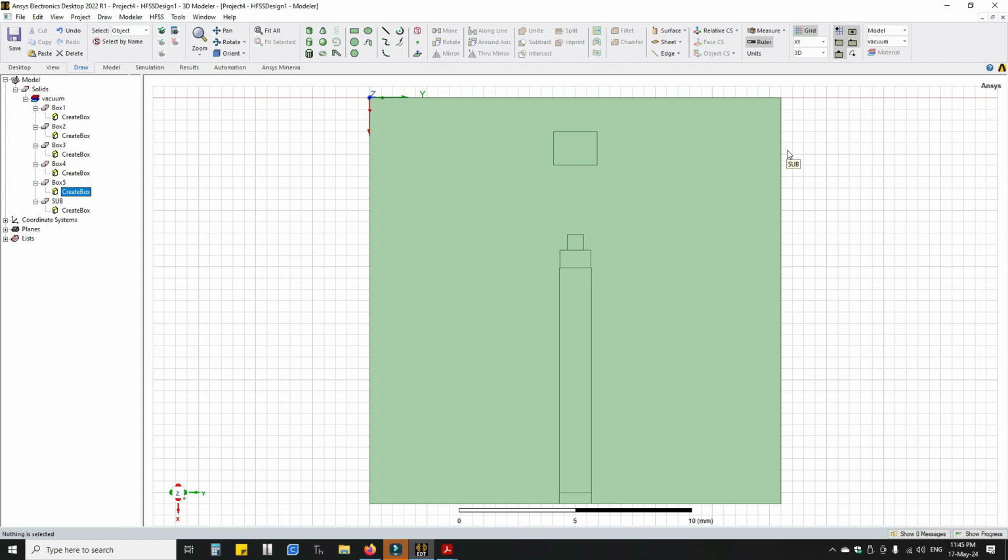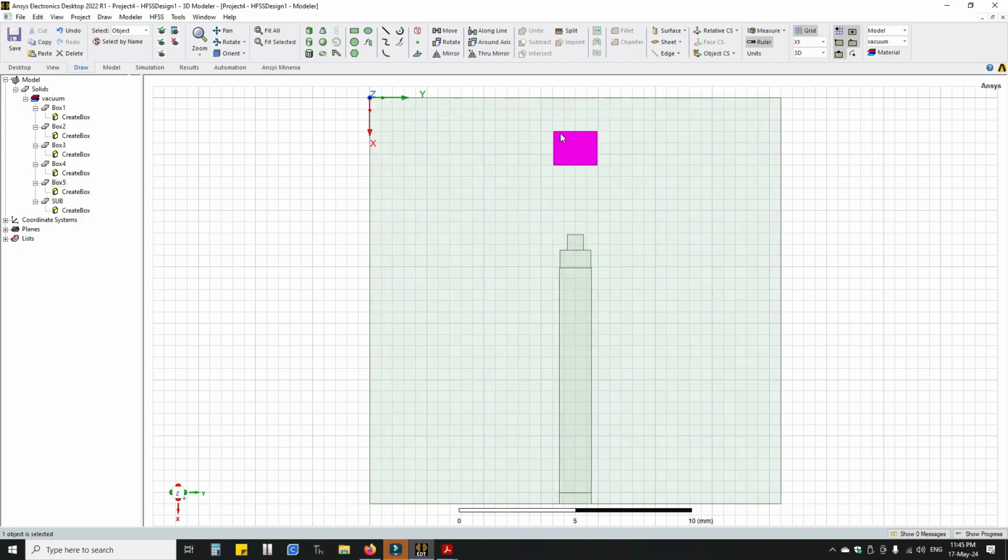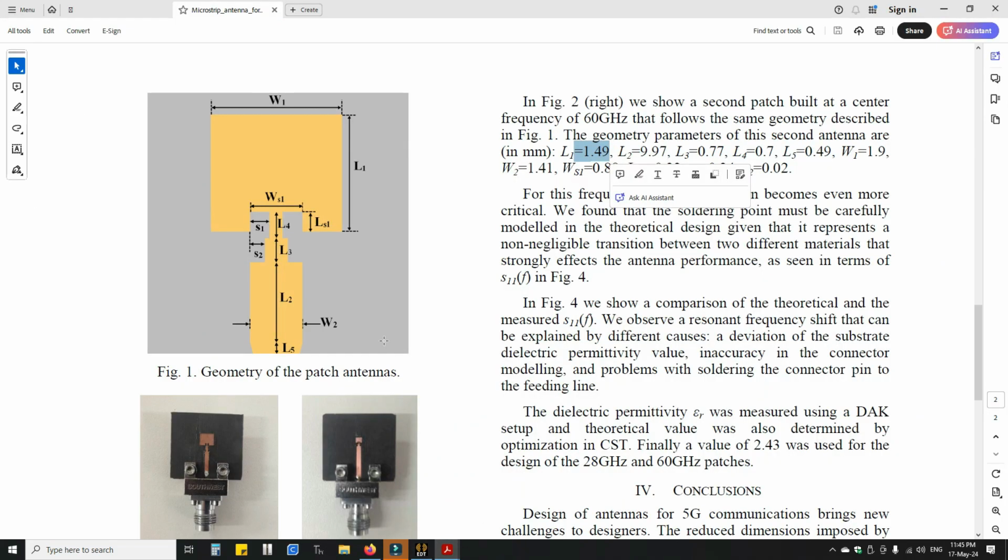Now my task is to move this box, radiating box, into this area. On the paper they had not mentioned where it started, but they had mentioned LS1.